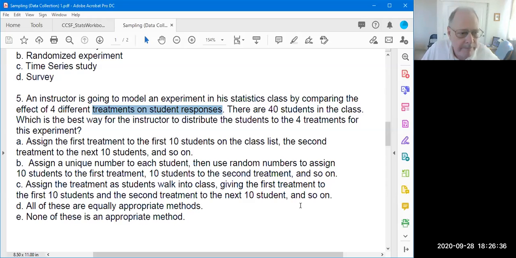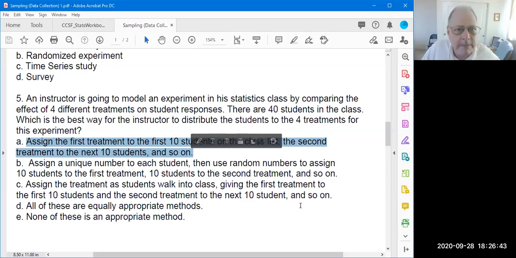Well, you could do it as people come in the room. First 10 people get worksheet A, and the next 10 people get worksheet B, and so forth. And then they all do the worksheet, and they come back a few days later, you take the test, and find out maybe which worksheet was better.